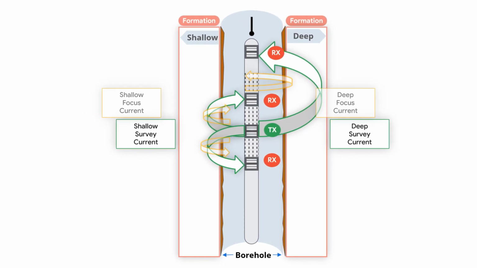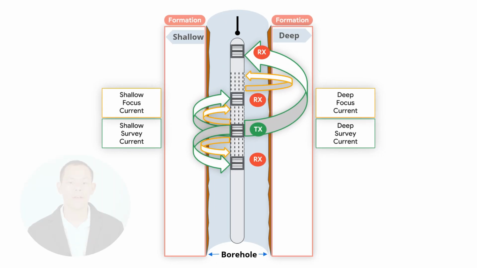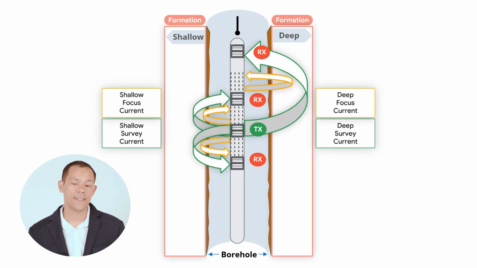But once the injected current goes out of the tool, the natural tendency is to follow the path of least resistance, which unfortunately does not cover all the formation, but the borehole and tool housing. To overcome this issue, other electrodes called guard electrodes are employed to emit a focus current shown in yellow.